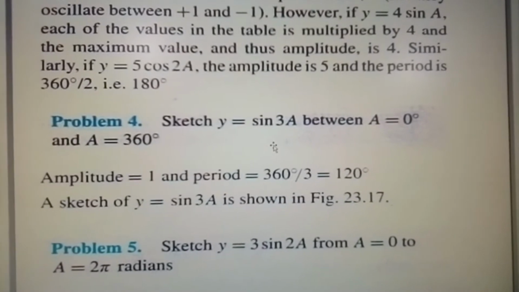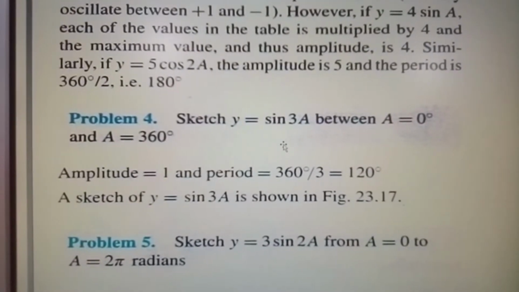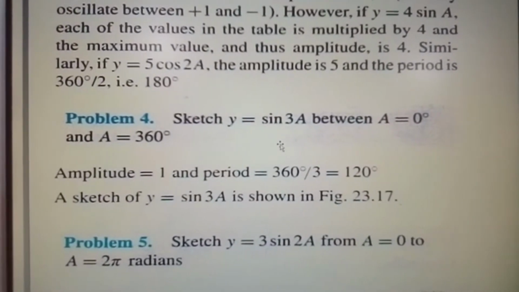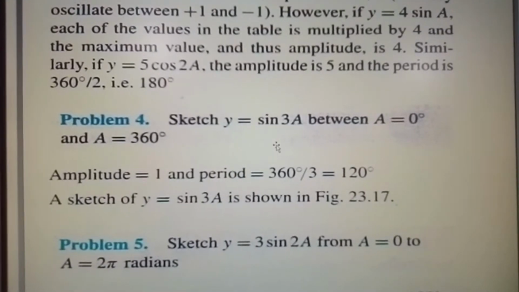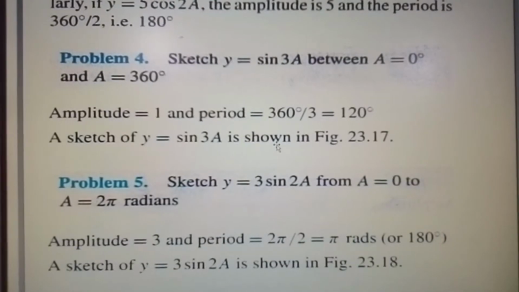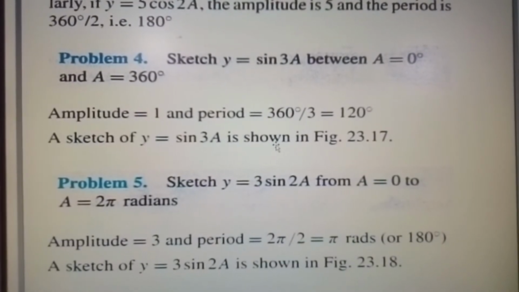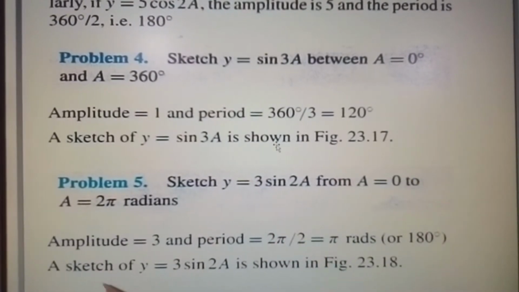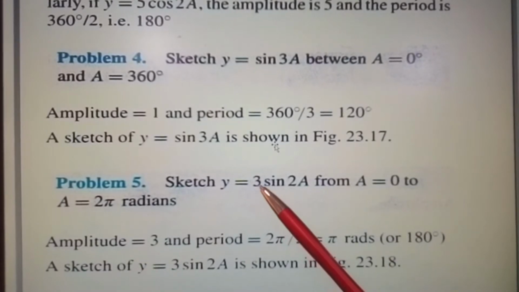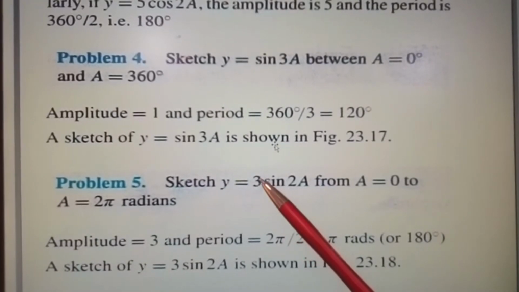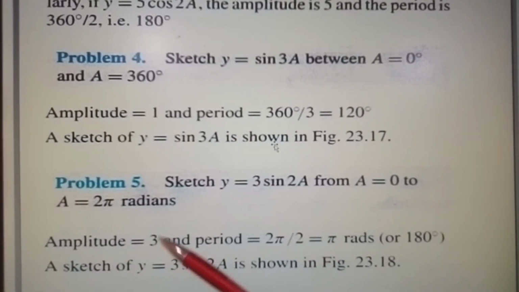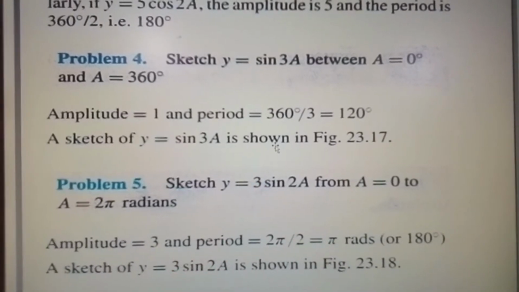Make sure that the information I'm providing corresponds to what you have read and seen and have been shown in your classroom. Okay. Amplitude is three. Again, here we have the amplitude is three. So we have a 3 here, and that ties in with this here.